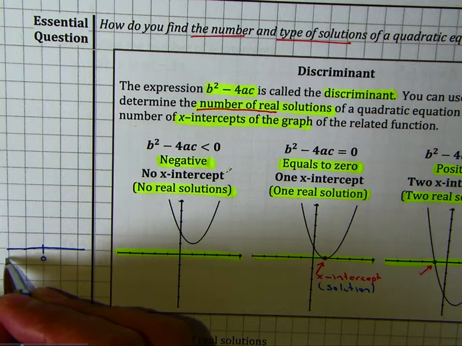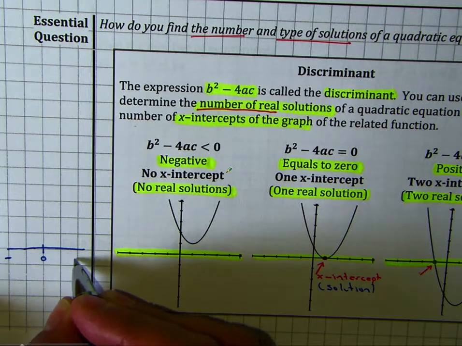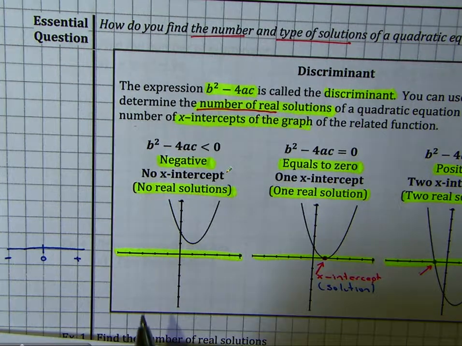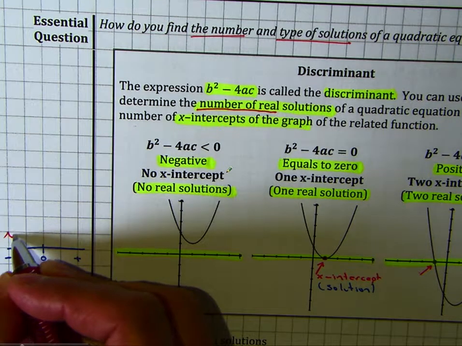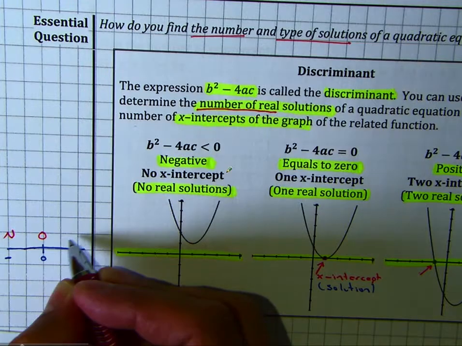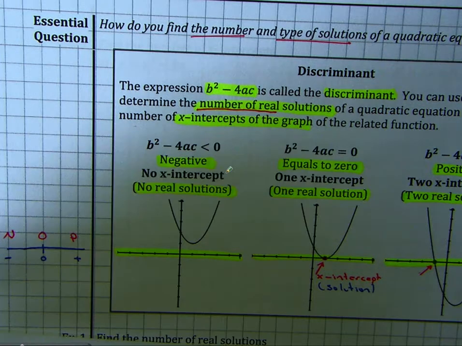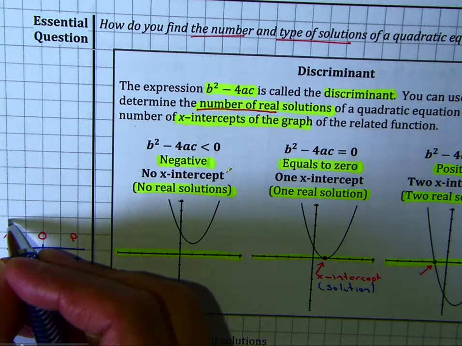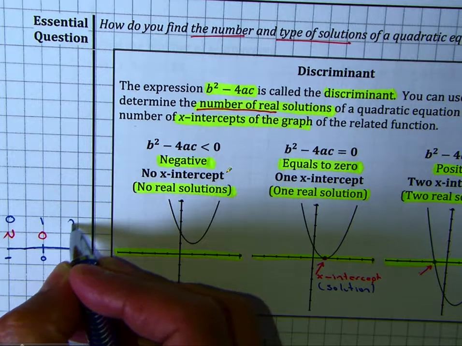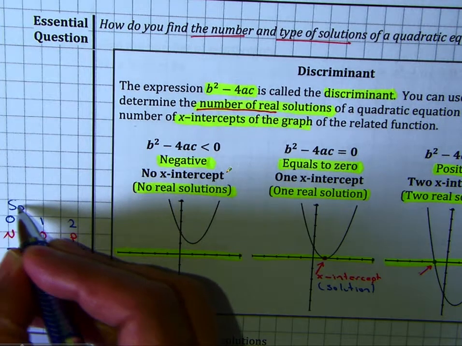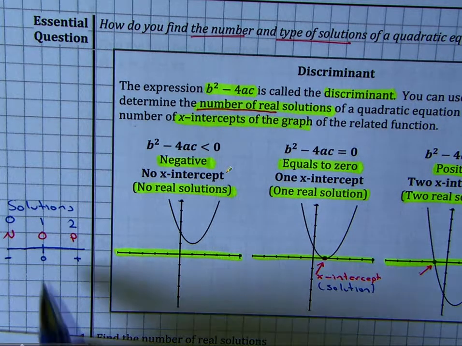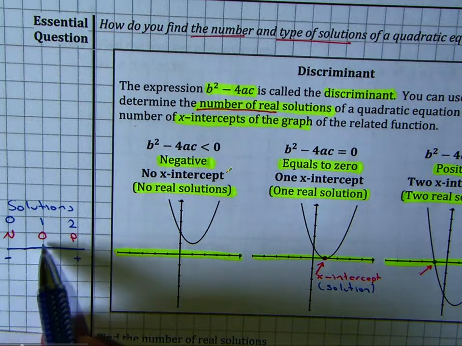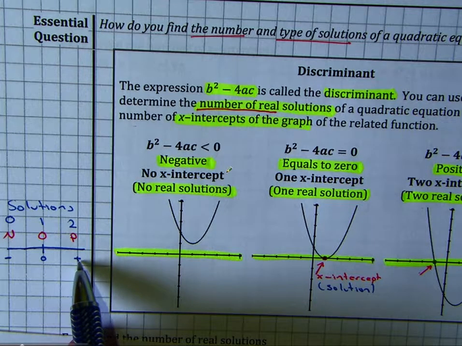On the left are negative numbers, on the right are positive numbers. We're going to place negative, 0, positive. It's going to be 0, 1, 2 solutions. So negatives on the left, 0 in the middle, and positive on the right.